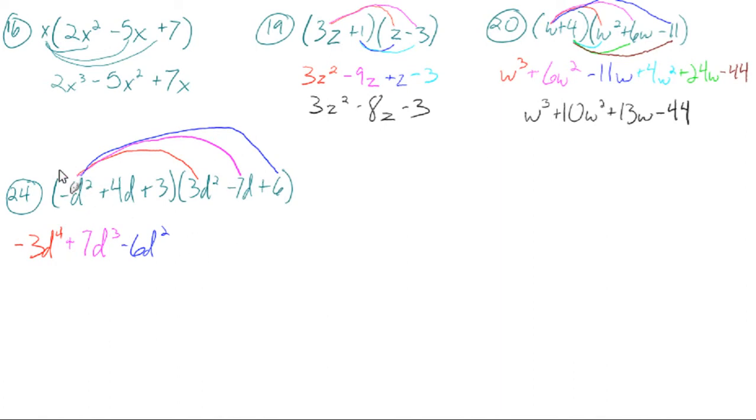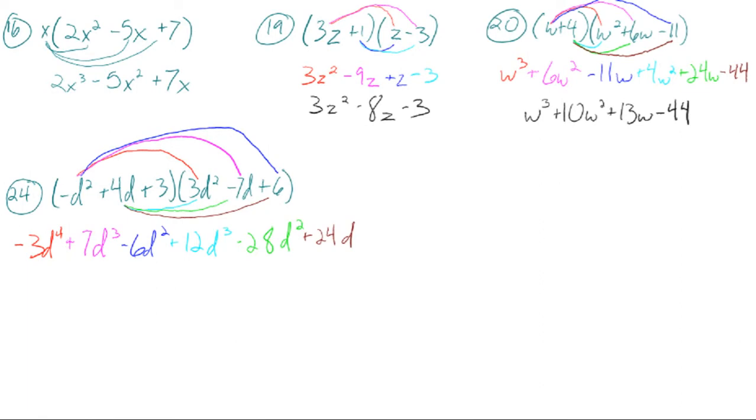So negative d squared has been distributed, and next we'll distribute the 4d. 4d times 3d squared is 12d to the 3rd. 4d times negative 7d, that's negative 28d squared. And 4d times 6 is 24d. And now 4d has been distributed to everything here.